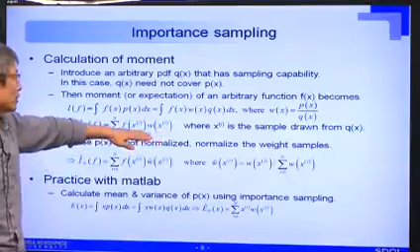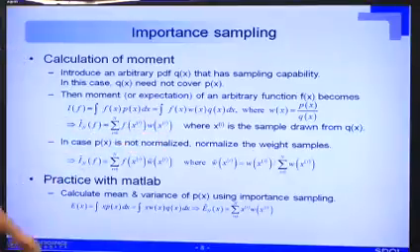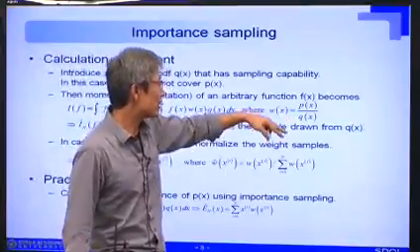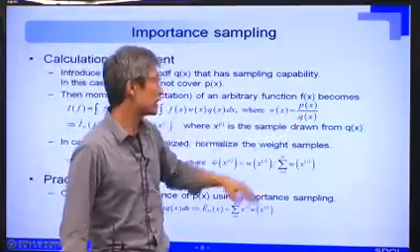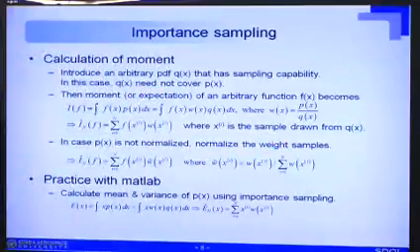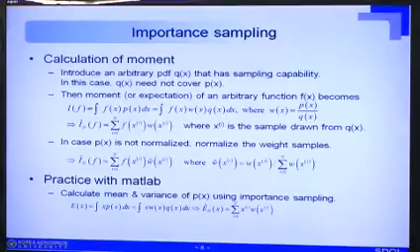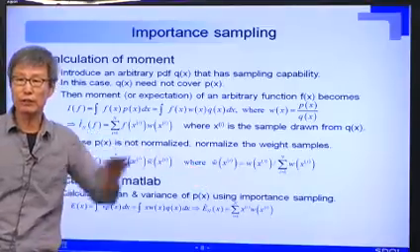W is the weight, or ratio, which is p divided by q. So by applying this equation, we get the result. And also, during this process, the weight should be normalized based on this equation.